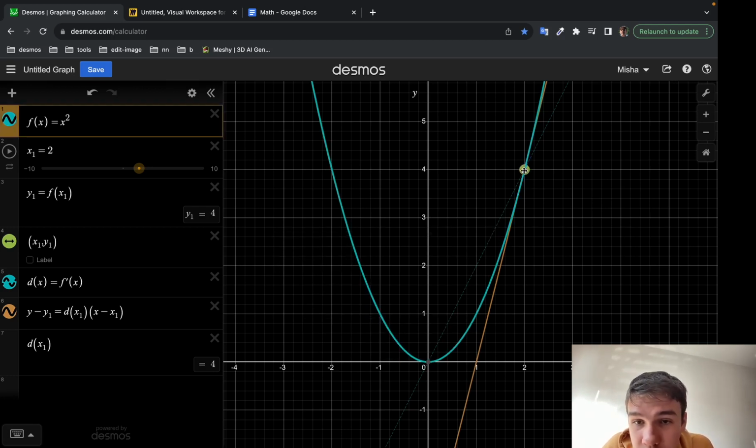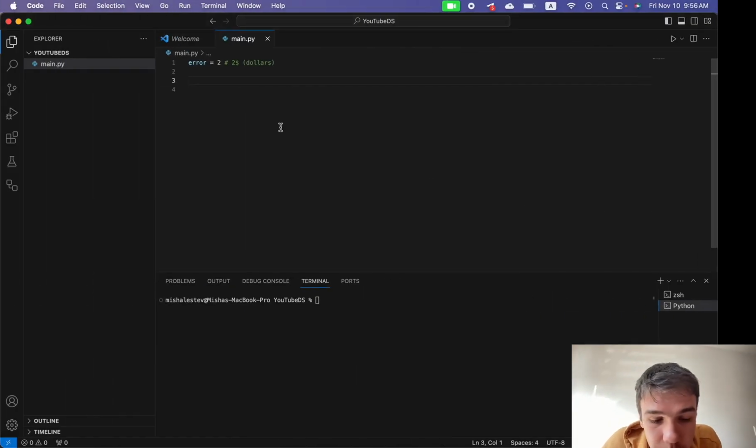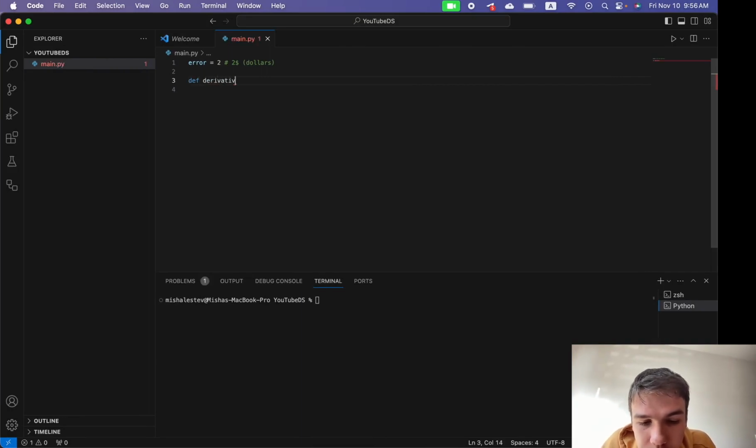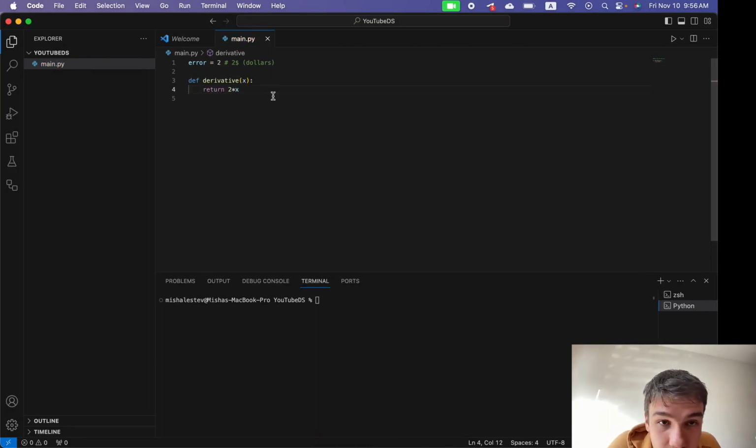So 2 corresponds to 4 on our parabolic function. What is the derivative of the parabolic function? def derivative, it takes x and returns 2 multiplied by x, which is totally correct. So our derivative of the parabolic function is 2x.